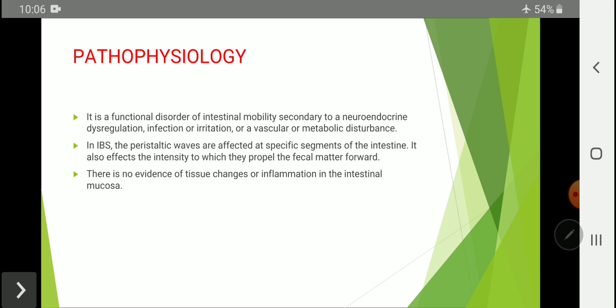In IBS, the peristaltic waves are affected at specific segments of the intestines, and it also affects the intensity of the peristalsis with which they propel the fecal matter forward. There's no evidence of tissue changes or inflammation in the intestinal mucosa for a person who has IBS.